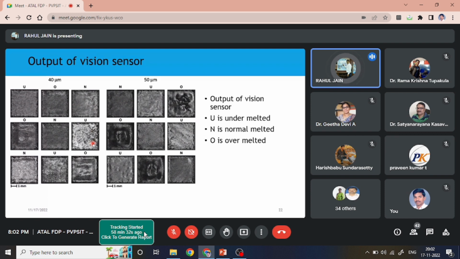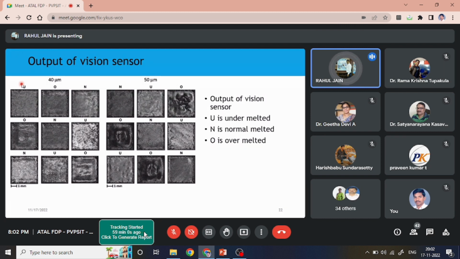Once you get the output of vision sensor, you need to filter certain data in order to remove the noise. Once you have removed the noise, you can see different patterns. For example, you see three nomenclatures over here: U, O and N. What is U? U is indicating under melted, meaning the wire feeder which has come has not melted properly, because of which the product which you have got has a different kind of feature.